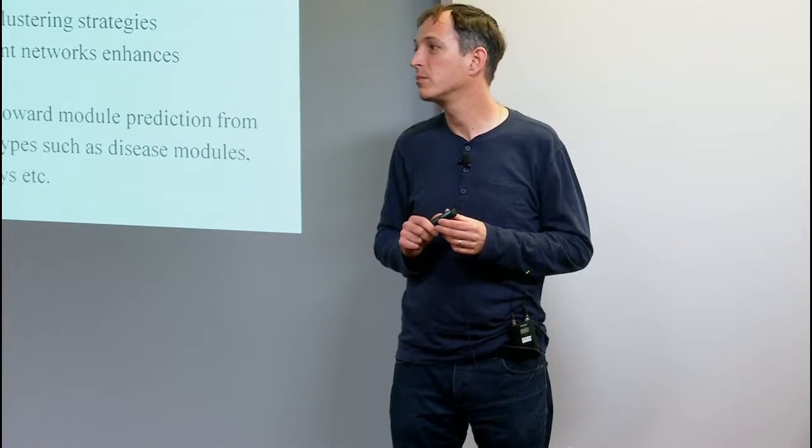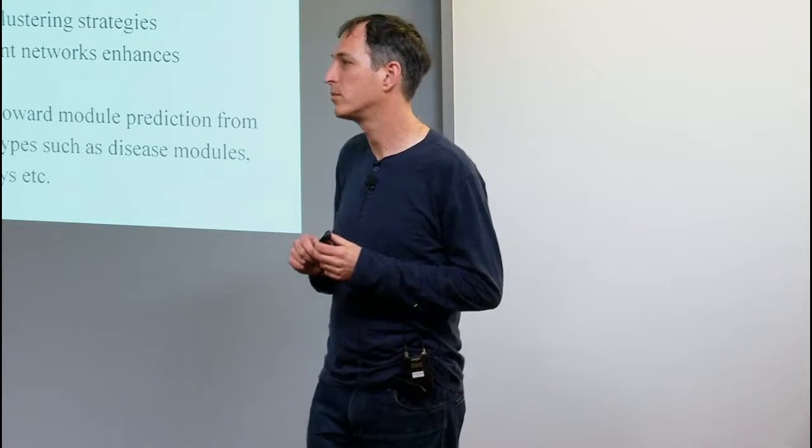I was just wondering, for instance, in the evaluation that you showed, how many complexes were there? Hundreds. The size of the network: for yeast, it's about 5,000 proteins and, depending on which network they use, between 50,000 and 100,000 interactions.